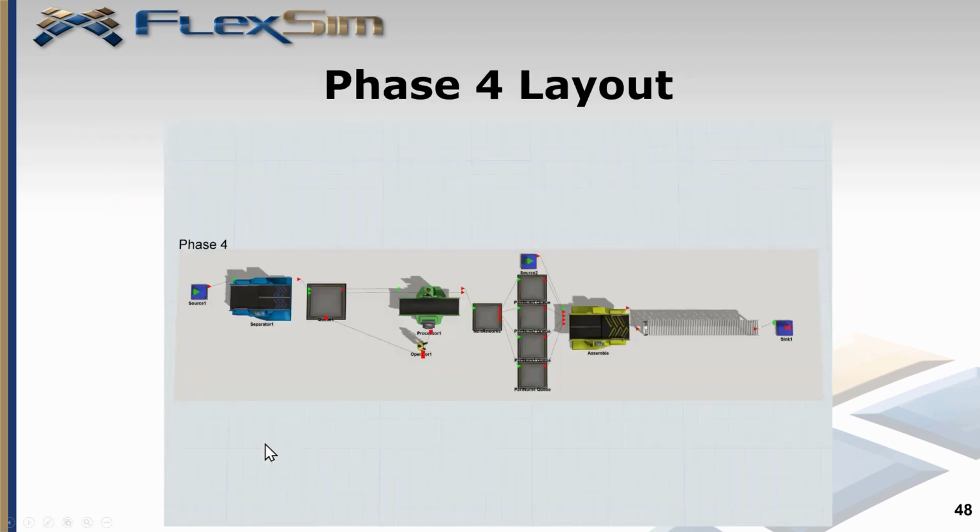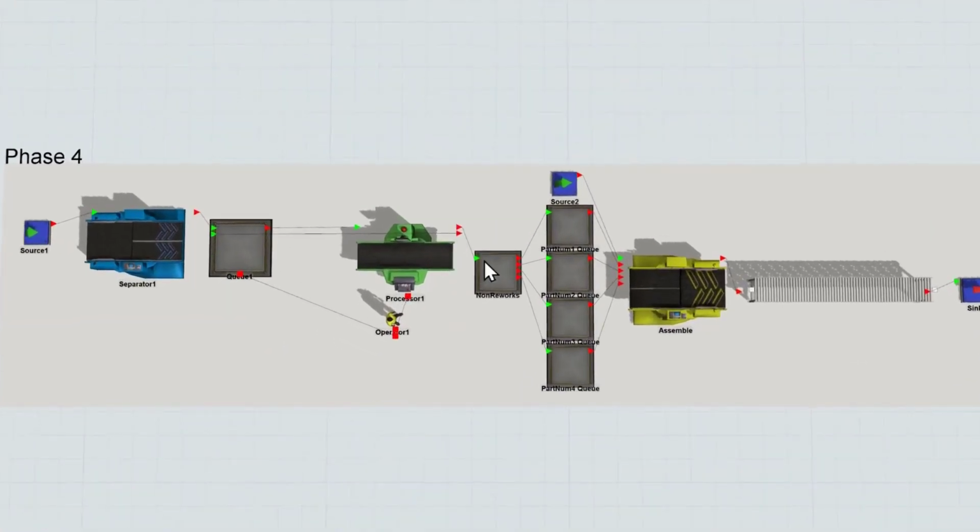This is what the layout's going to look like. So after our process, we're going to dump everything into a common queue, and then we'll make a decision based on part number to route it to either this queue or this queue or this queue or this queue. Then this is the combiner object.